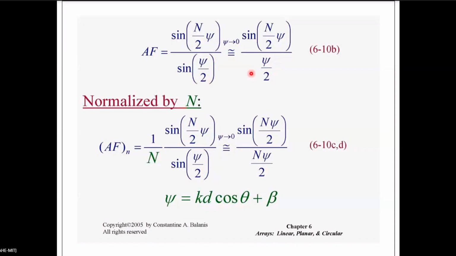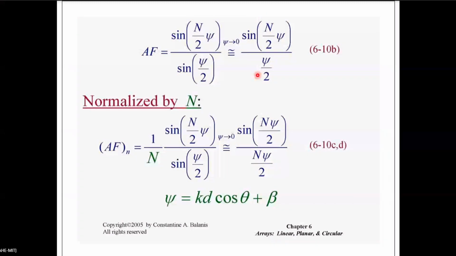So there are two array factor equations for the n element array: one is exact and the other is approximate, assuming psi is small so that sin(psi/2) is psi/2. Many times we are going to use the approximate one because it is easy to find the different parameters, although the other is the exact array factor.